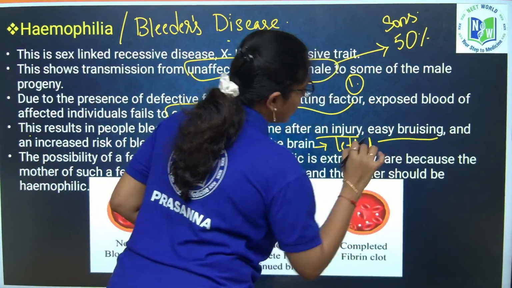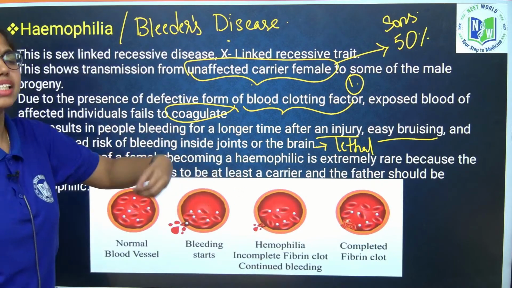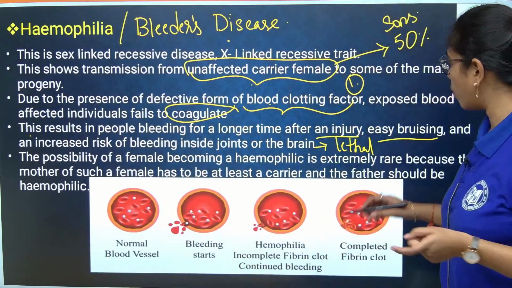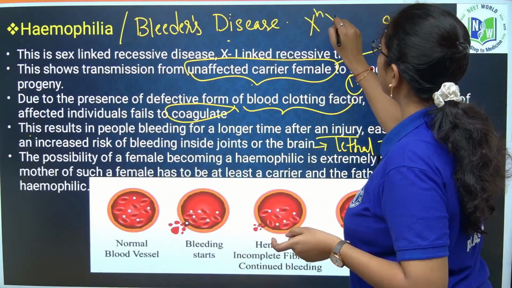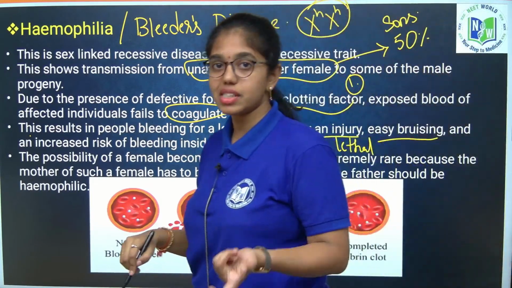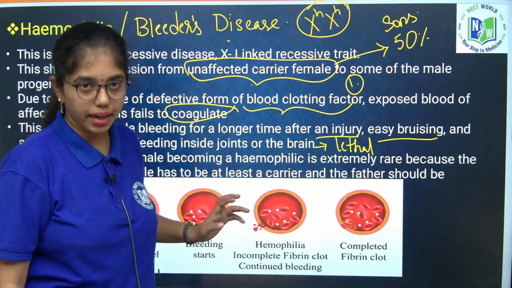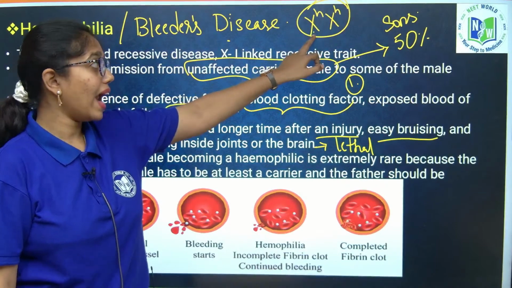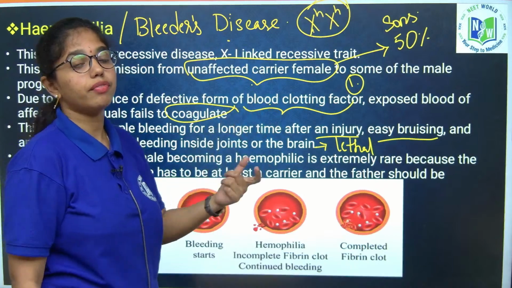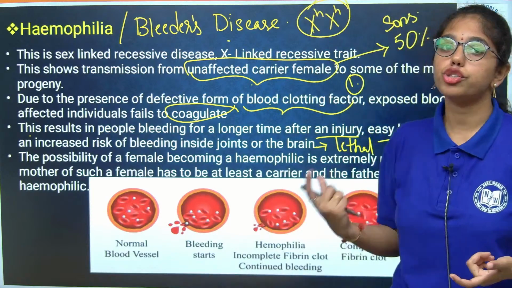Next, the possibility of a female becoming hemophilic is extremely rare because homozygosity of hemophilia will cause death of the embryos at an early stage of life. For a female to be homozygous, the mother and father should both be affected, or the mother should be a carrier and the father affected.